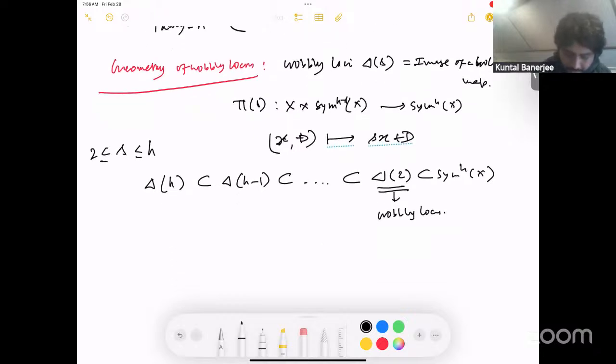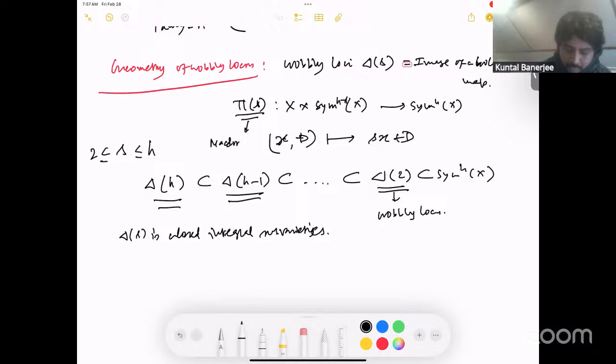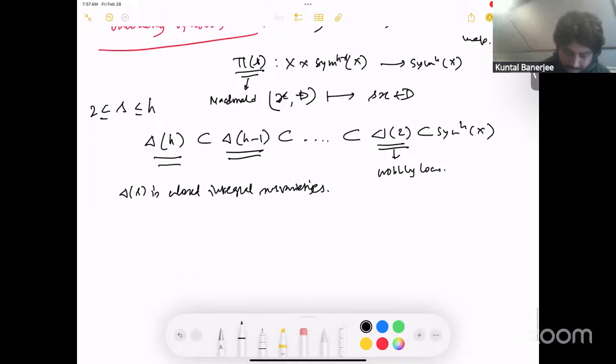See that these are all closed integral subvarieties. This diagonal morphism was actually introduced by MacDonald, one of the co-authors of the famous commutative algebra book, and the image of this diagonal morphism is studied by mathematicians.